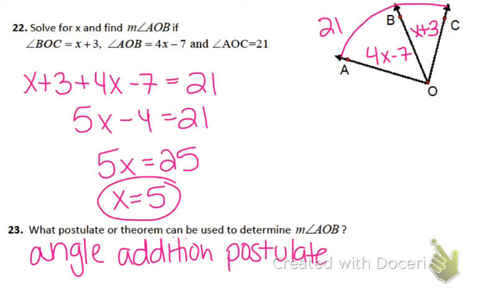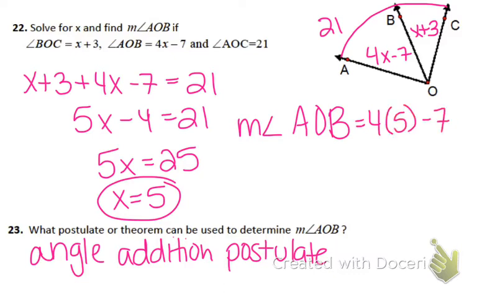Now we can find the measure of angle AOB. Angle AOB is 4x minus 7, so that's 4 times 5 minus 7. So 4 times 5 is 20, minus 7 is 13, so it's 13 degrees. Don't forget your degree symbol, it's kind of important.